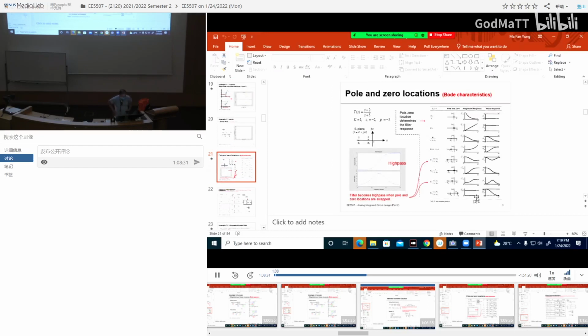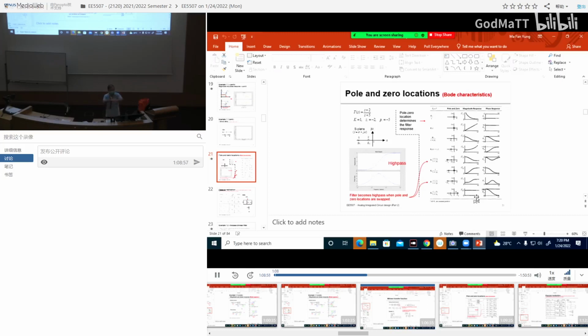So basically, now we know for any bilinear transfer function, depending on where we put the zero and where we put the pole, you have different kinds of frequency response. If you put the zero first and then the pole later, you have a little bit of a high pass. You'll go up and then you will saturate.